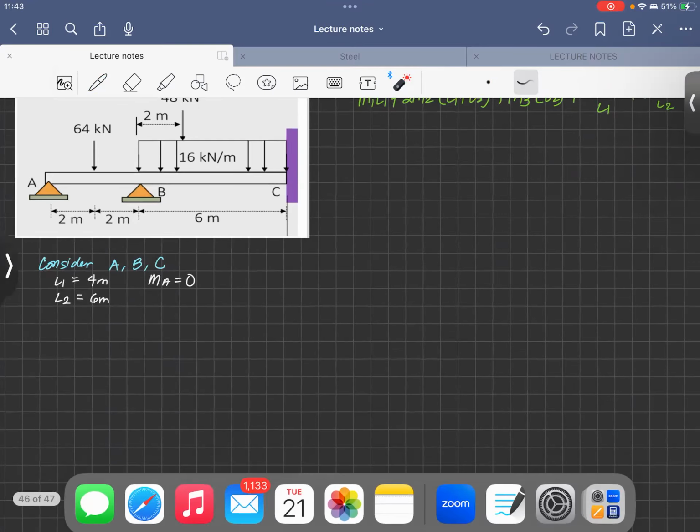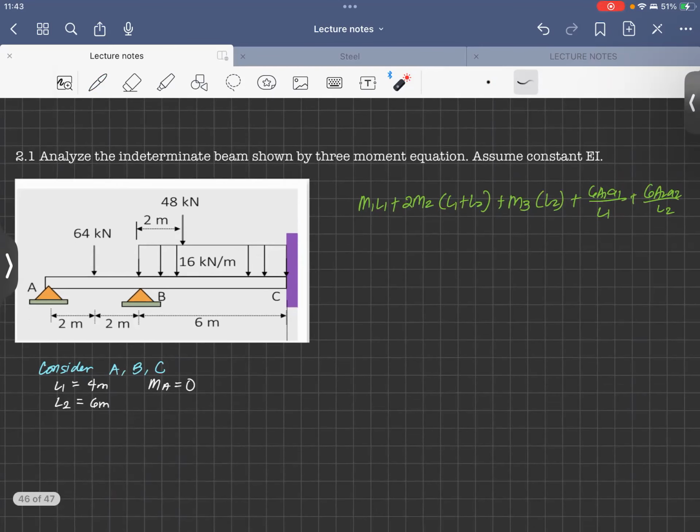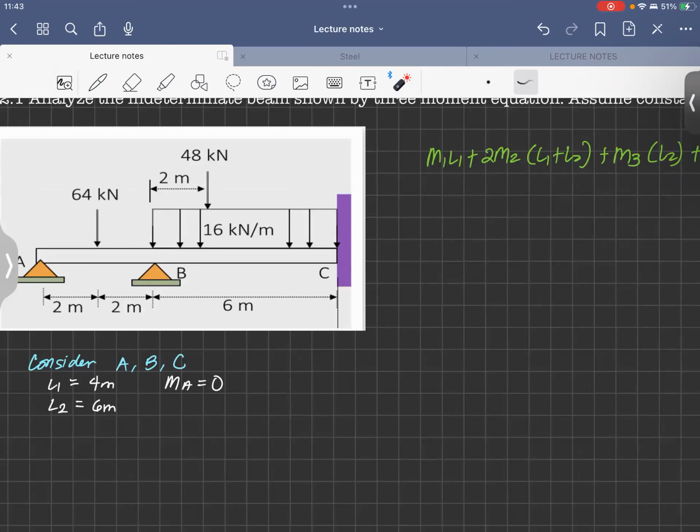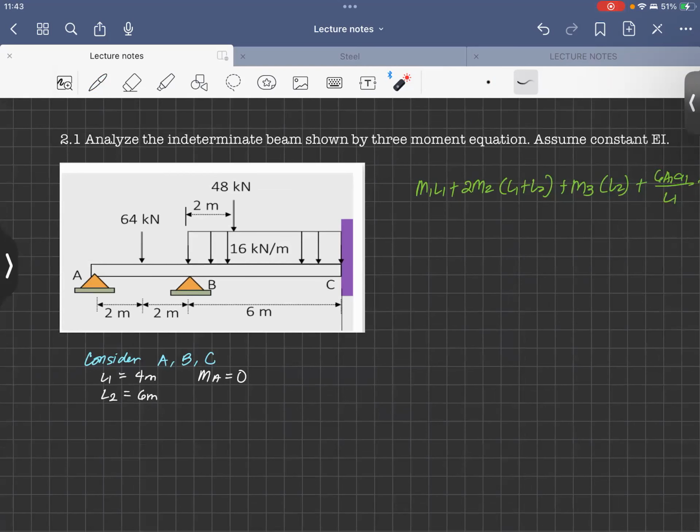Let me just, so, memorize ko kasi siya, no? So, these are the equations kapag simply supported with a concentrated load.